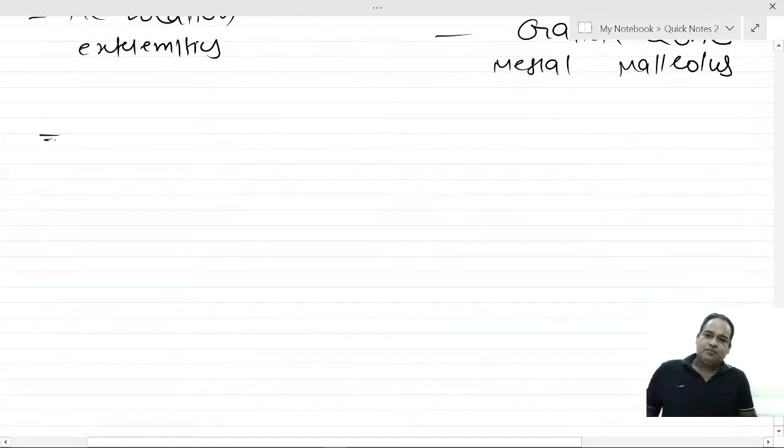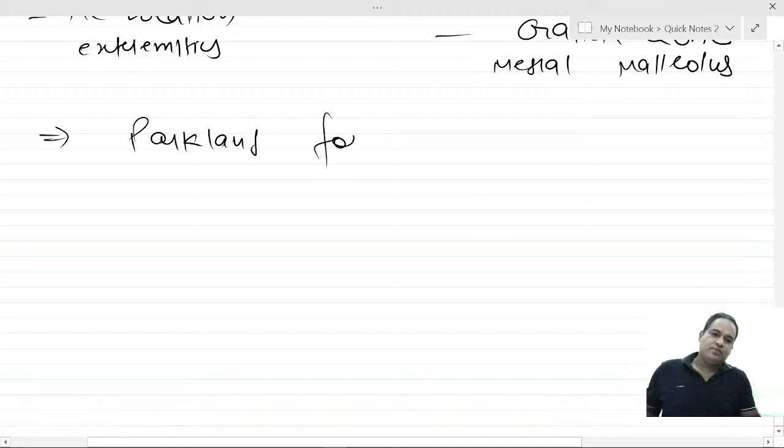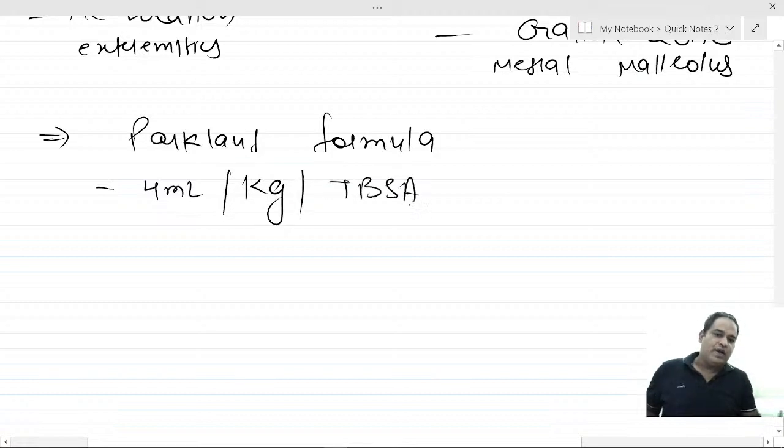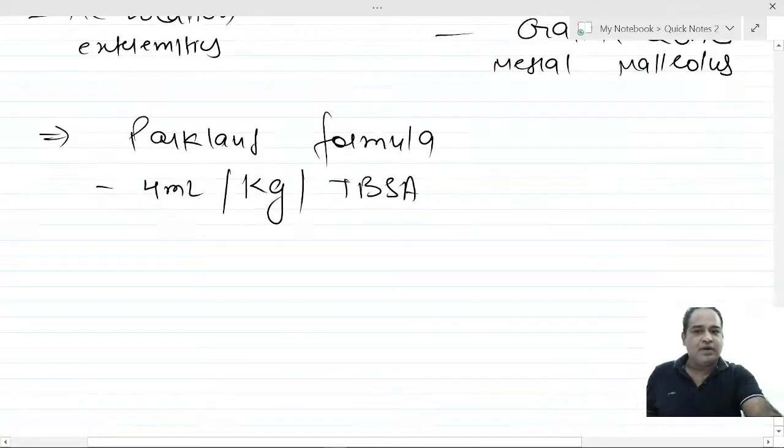Okay. So the Parkland formula, the fluid formula earlier, was 4 ml per kg body weight per unit body surface area burned.